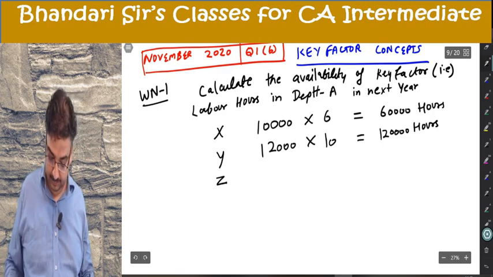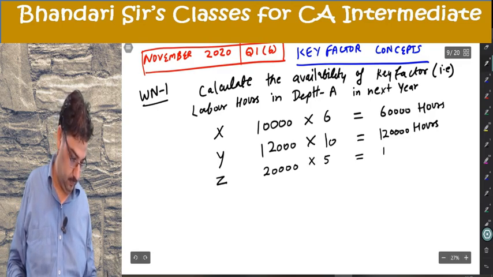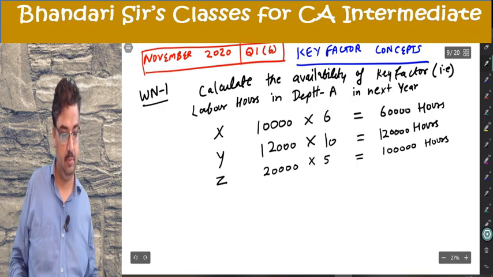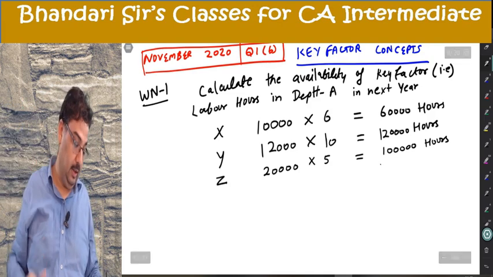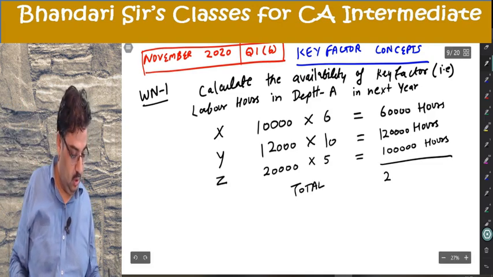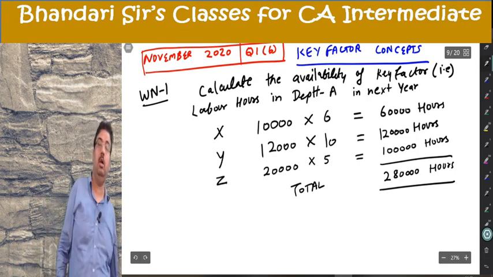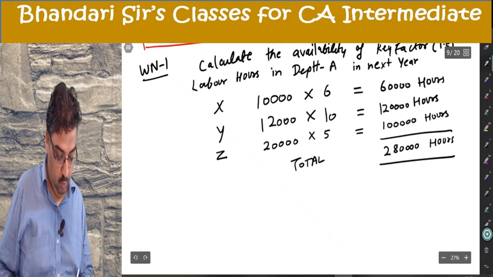For Z, 20,000 multiplied by 5, 1 lakh hours. So total hours, I had availability of 2,80,000 hours. Total available was 2,80,000 hours. Working note 2.